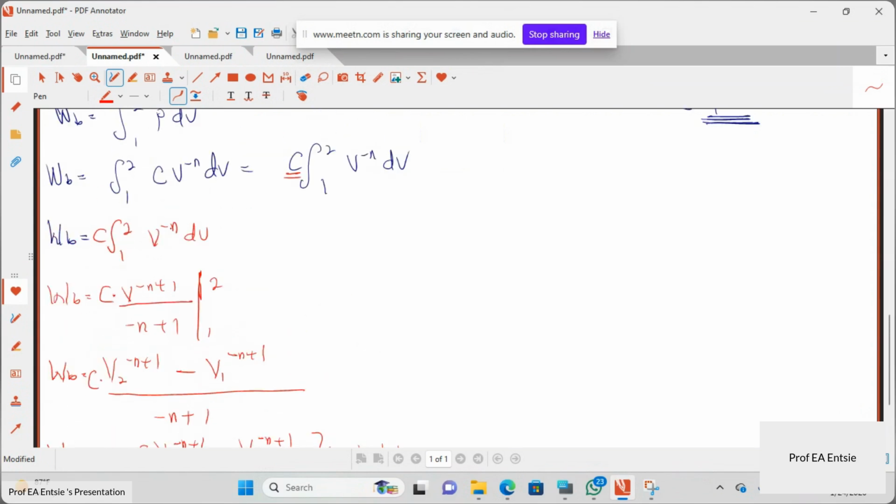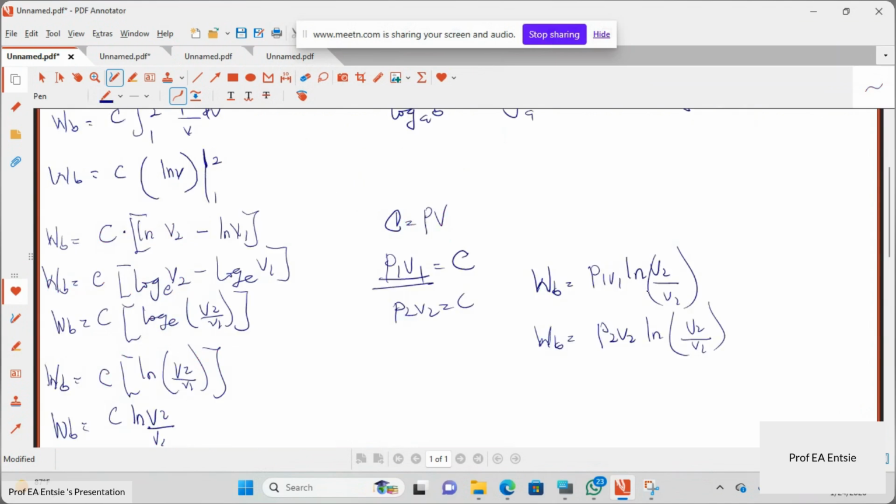When n is equal to 1, this will be C, integral from 1 to 2 of 1 over V. I said n is 1, so it will be the same as 1 over V. Then what is this? This is C, then V2 over V1. That's what we had in isothermal gas compression, if you remember.